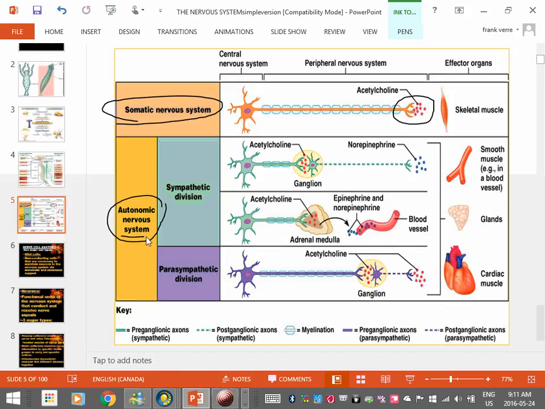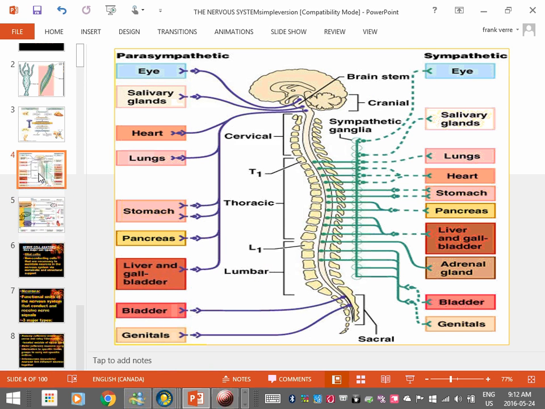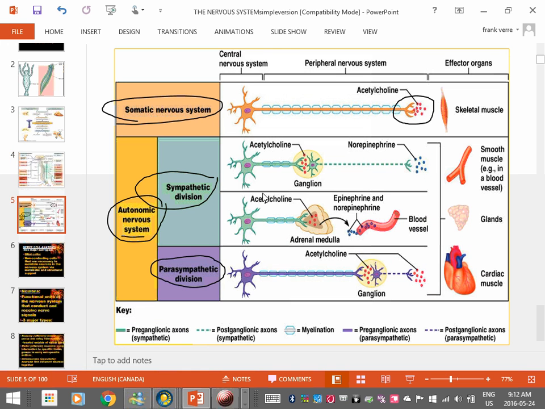Now, there's two branches, and this is going to start to sound familiar to you, okay? There's one branch called the sympathetic division, and there's another one called the parasympathetic. And that's what's being illustrated here, okay? If you look, the sympathetic releases adrenaline. Epinephrine and adrenaline are the same thing. The parasympathetic releases acetylcholine.